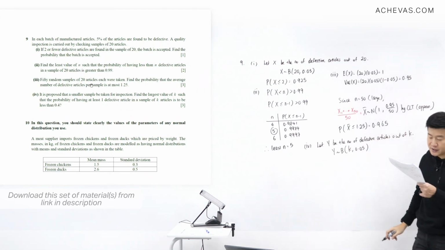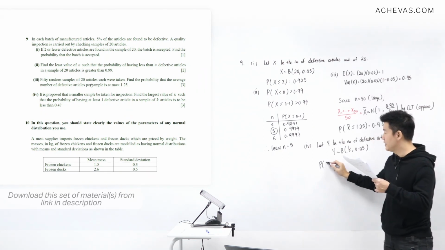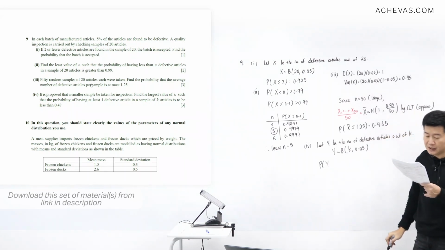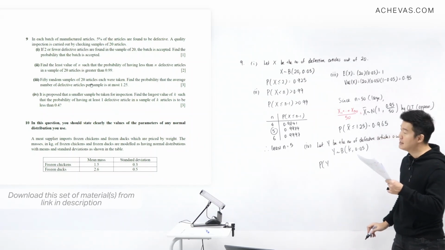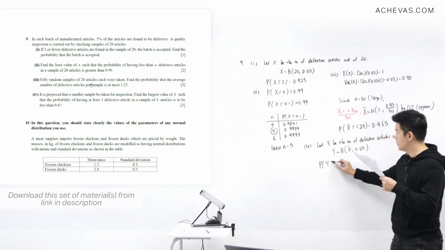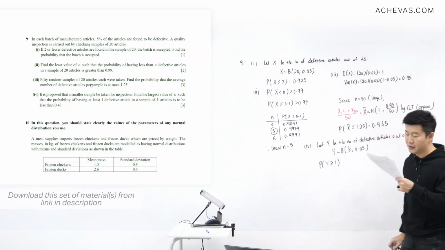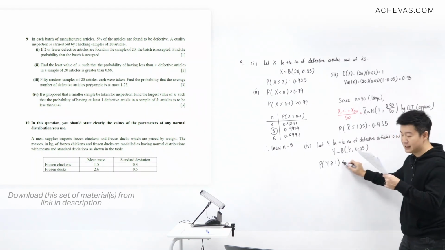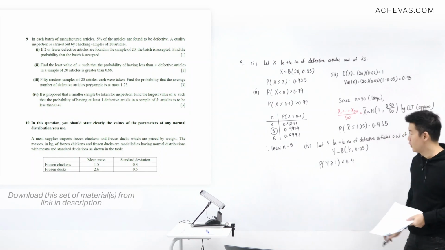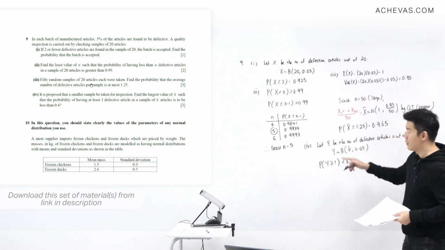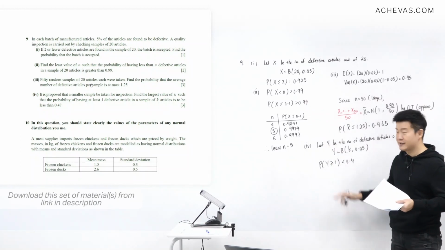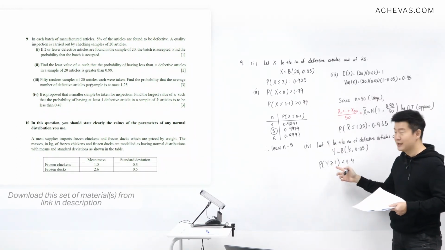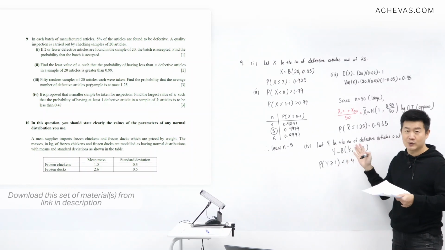And according to what the question says, the probability of having at least one defective article, so Y bigger or equal to 1, is to be less than 0.4. So in order for us to press into our binomial distribution, once again, just like what we look at here, the inequality sign must be less than or equal to.